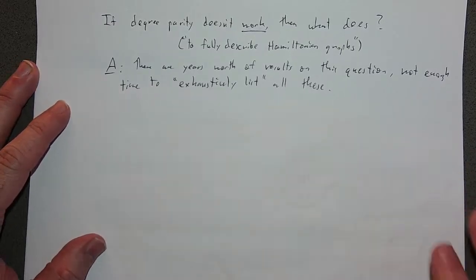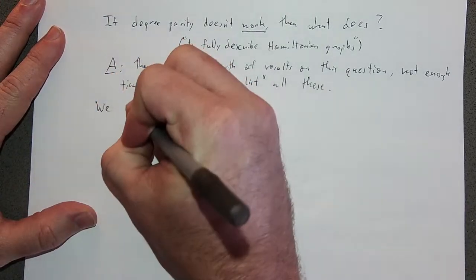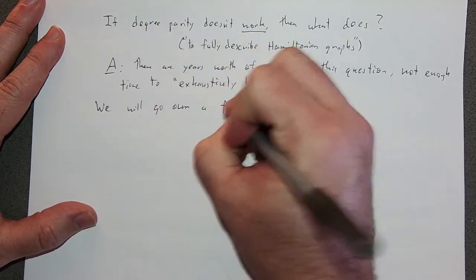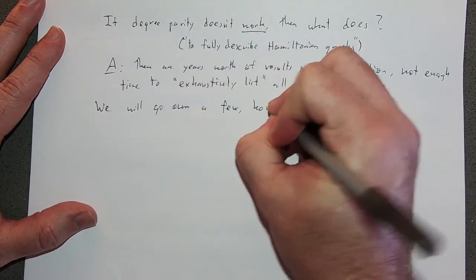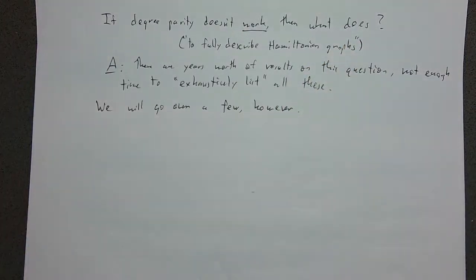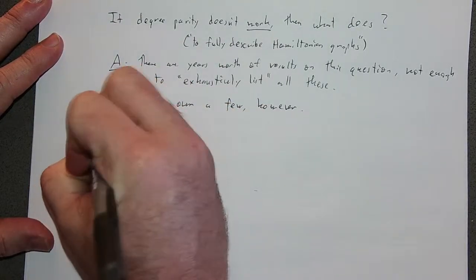So I can't exhaustively list every single result here, but we will list a few. Again, none of them are going to be as far-reaching and as rigid and restrictive as the theorem for Eulerian graphs. Okay, so let's look at the first result. I think this was due to Dirac.